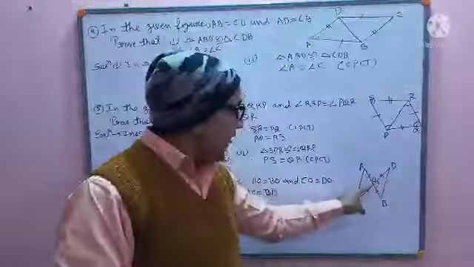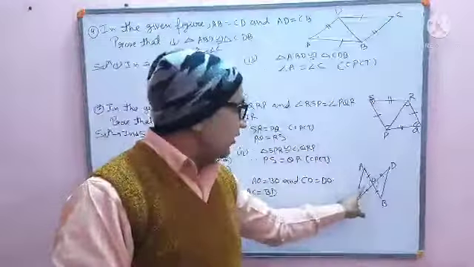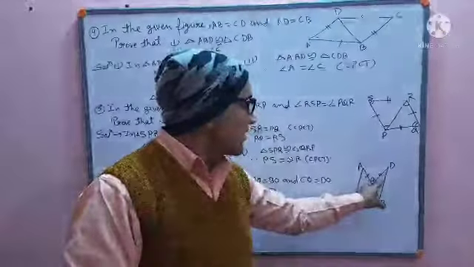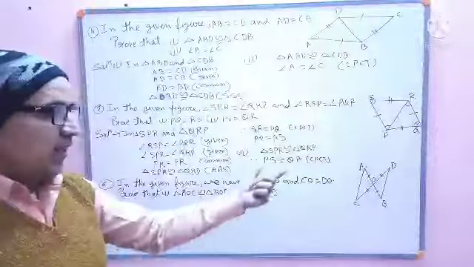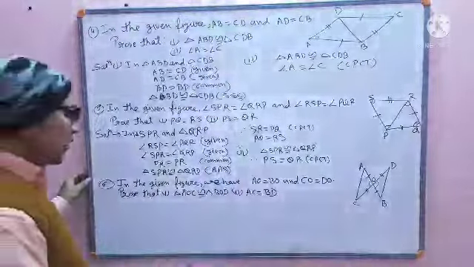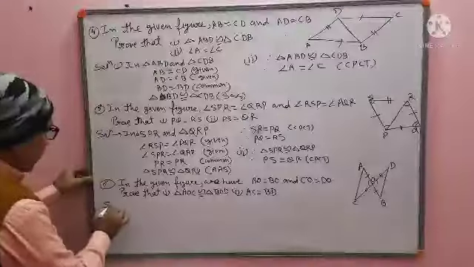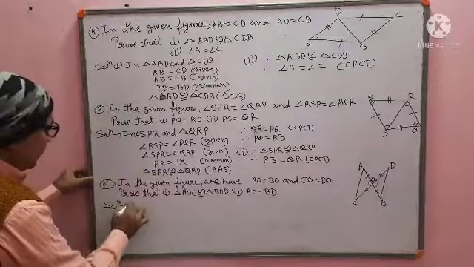So, side angle side order of this triangle, side angle and side of this triangle, these two order are followed. So, we can say that these two triangles are congruent. So, how will you write?